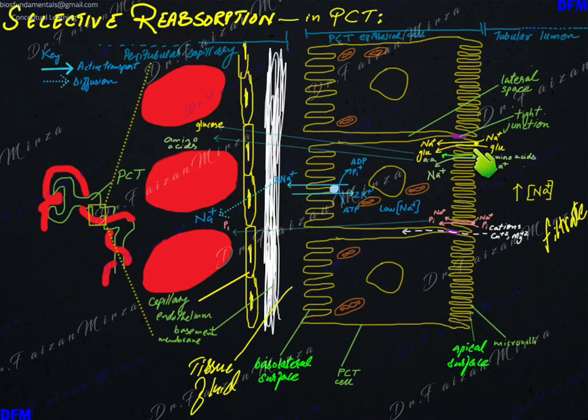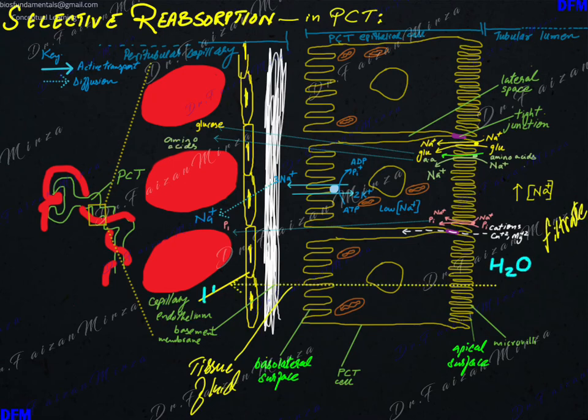The presence of these co-transporter proteins facilitates the process, and sodium, when it's coming, couples its movement either with glucose or with amino acids or with inorganic phosphate, bringing them inside the cell. These solutes are then transported to the blood, which causes the blood to become high in solute concentration.